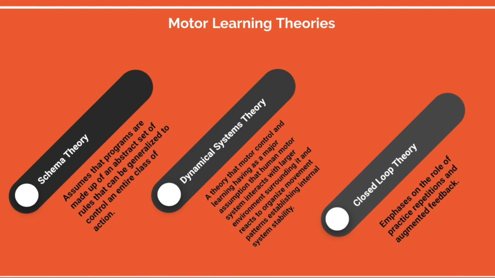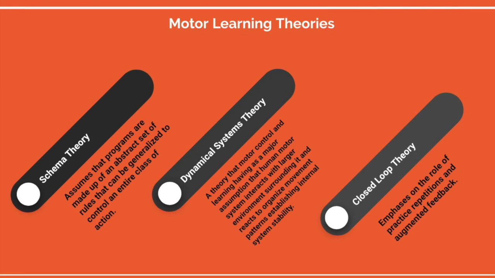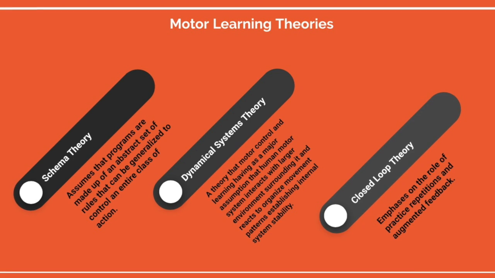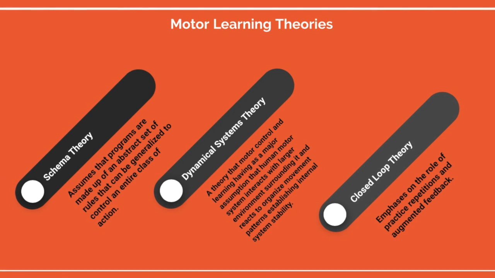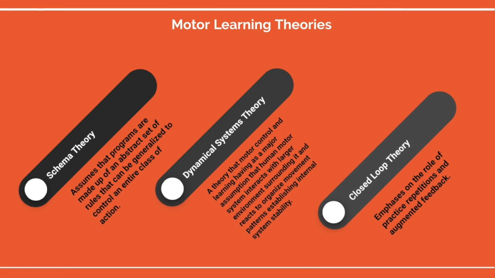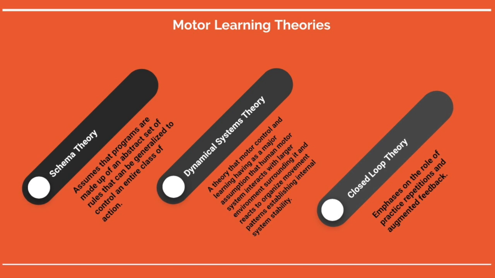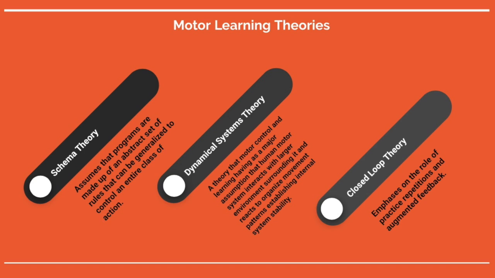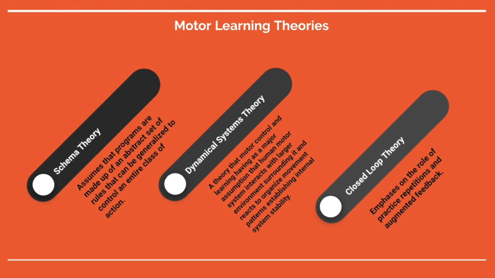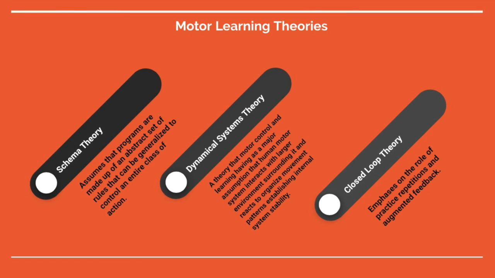The 3 motor learning theories that apply to Miller's injury are the schema theory, the dynamical systems theory, and the closed loop theory. The schema theory applies because his cognitive state will have to apply the muscle memory that he is learning each and every time he does a rehabilitation exercise. The dynamical system theory applies because he has to use different subsystems of his body, such as the cognitive to put in the thought of rehab, the motivation for the mental endurance, and the physical for the muscle memory to support his rehab workouts.